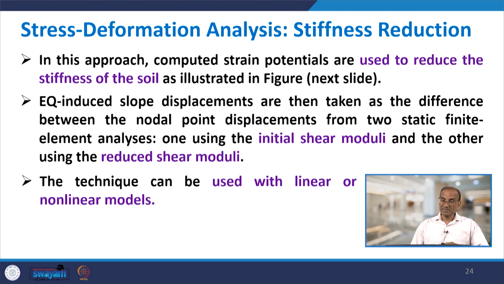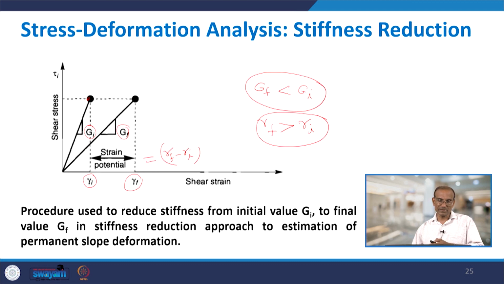Earthquake-induced slope displacements are then taken as the difference between the nodal point displacements in two static finite element analyses, one using the initial shear moduli, another using the reduced shear moduli, and this technique can be used with linear as well as non-linear models.